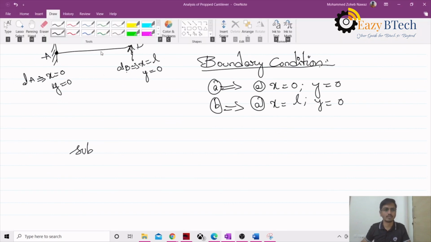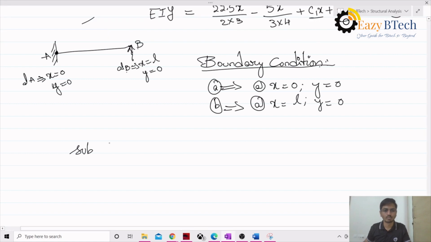Substituting the boundary condition, that is x equal to 0, y equal to 0, in equation 2.